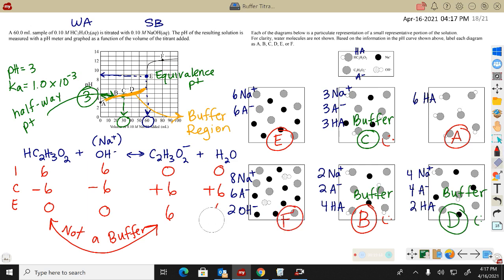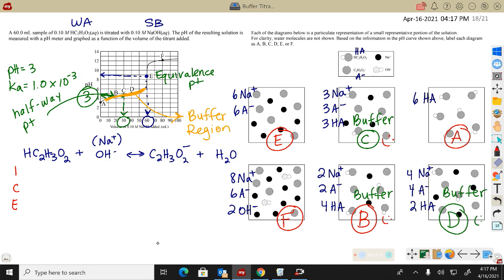Now, watch what's happening now at point F. I am beyond the equivalence point, right? Okay, we're beyond the equivalence point. If there were 8 sodium, there would have been 8 hydroxide. If there would have been 6 of the original acid and no product, I think I see what's happening here.